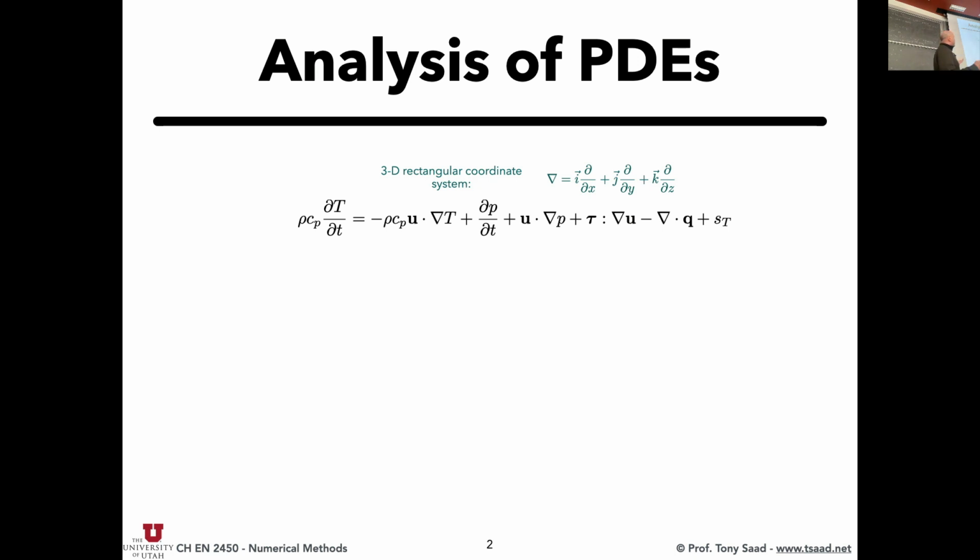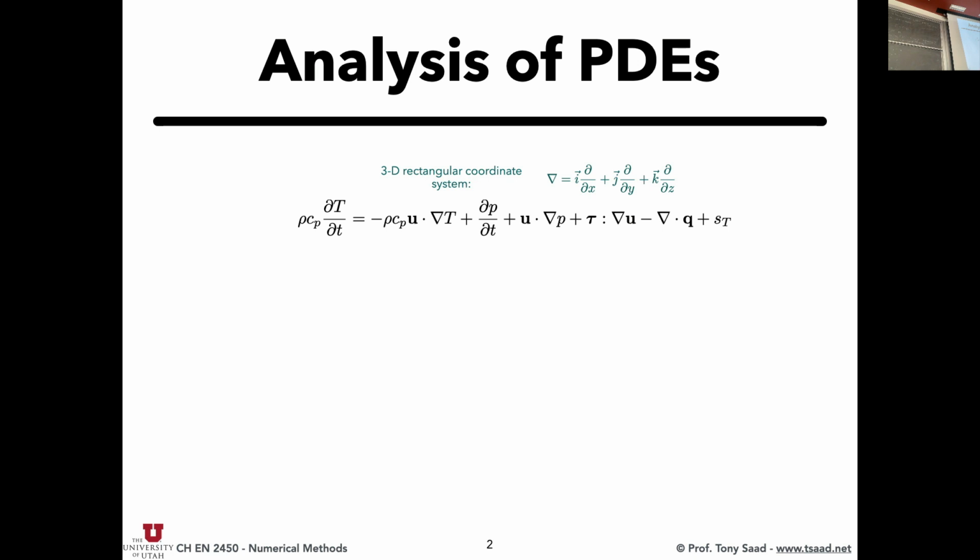What I'm showing here is one very complex heat equation described by temperature here in a general reacting flow. You have a time derivative and you have spatial derivatives. Now this nabla operator, the inverted triangle, that's a vector operator that operates in 3 dimensions. You know, there's gradient, there's divergence, there's dot products.